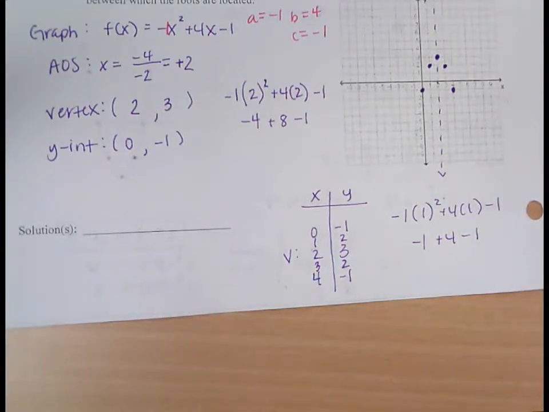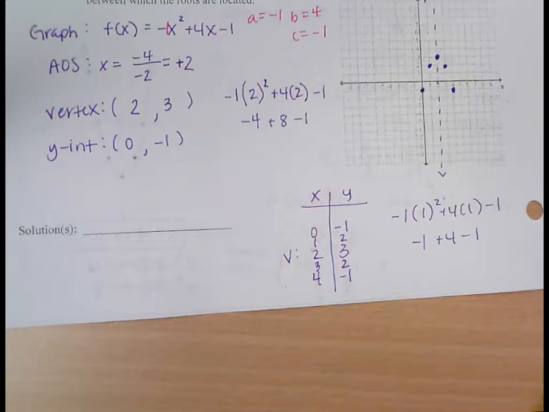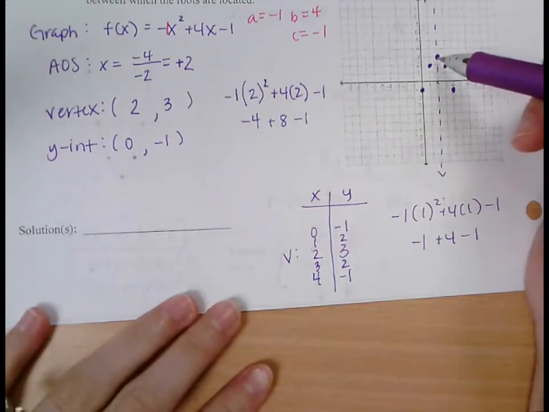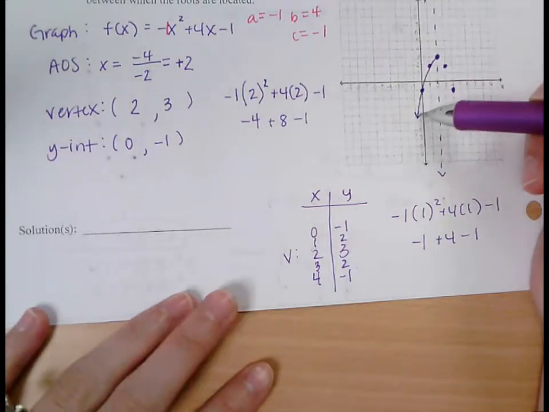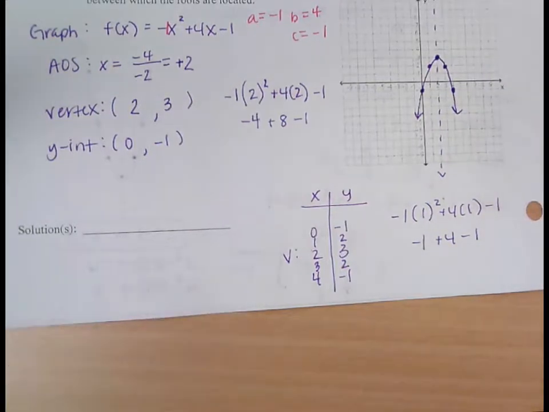Okay, so I did not get a y value of 0, and I don't have any other integers to plug in to get 0. So if I draw this in, I can find my x-intercepts 2 ways. You could look at your table or just draw your graph.